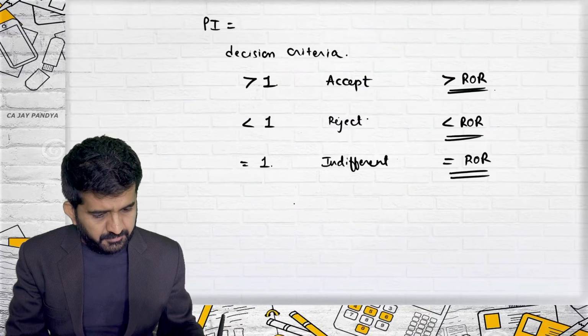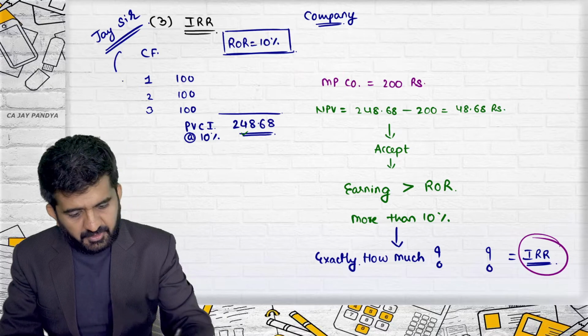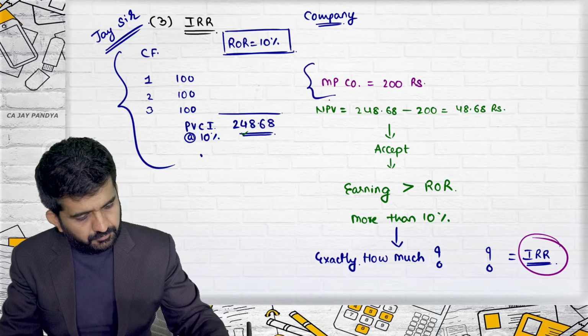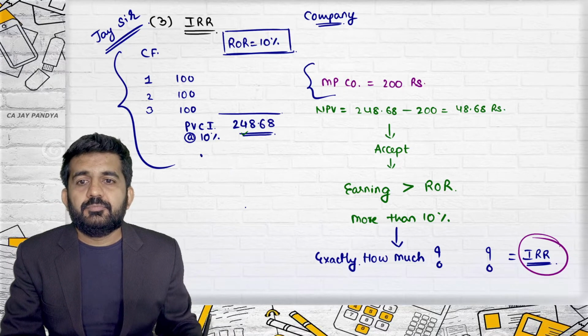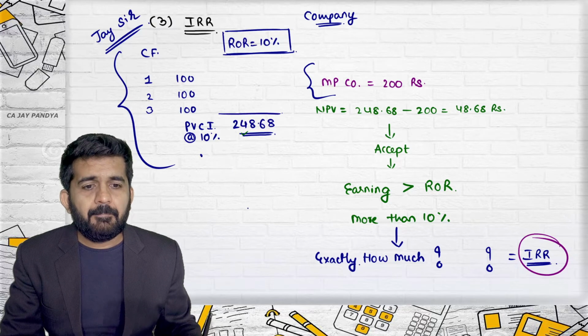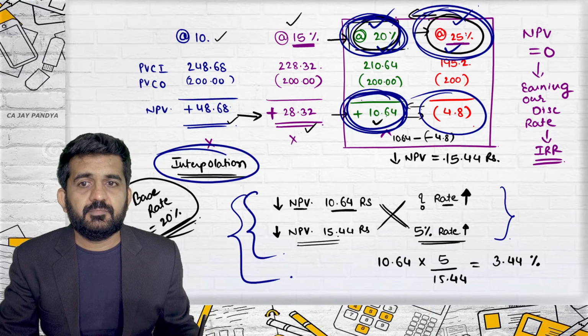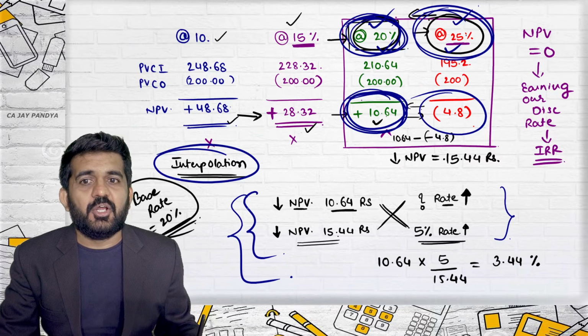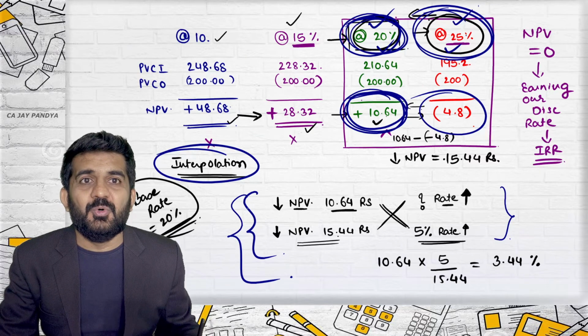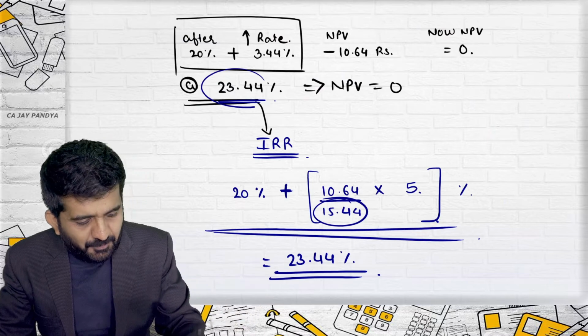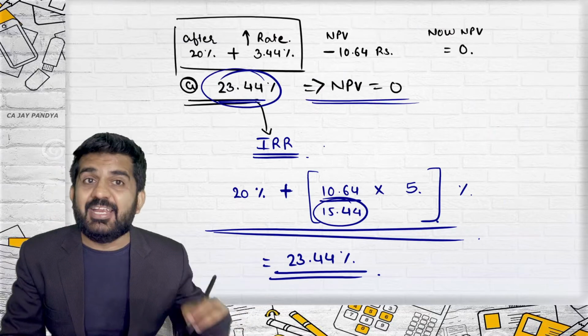This project that we are trying to do. Drashti? Zero. Yeah, Darshita? 48.66. Exactly. Your NPV is not zero. At 23.44, your NPV is zero. Agreed.